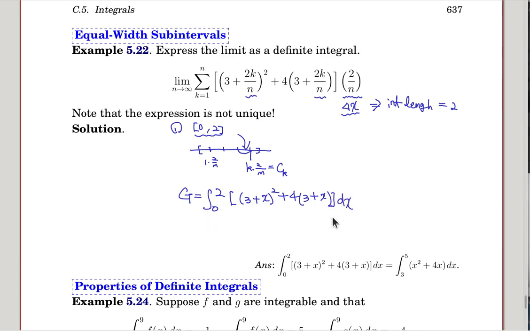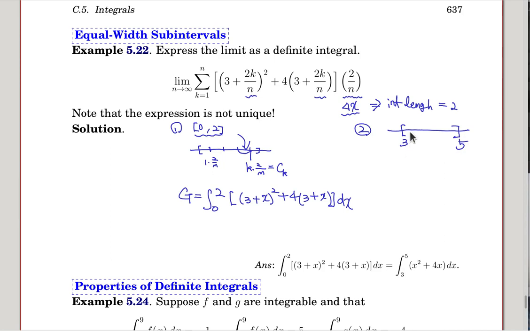Okay, that is one choice. But another way we can do it here, secondarily, because 3 is there, probably we may try to choose the interval from 3 to 5, so that the interval length is now 2.